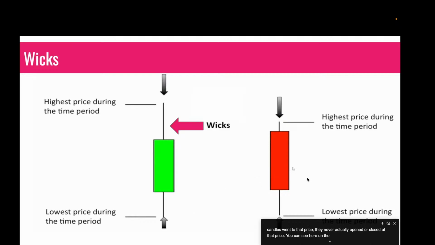You can see here on the bearish candle, this is another example with some smaller wicks. This is the highest point that price reached during that time period, and then the lowest point. But once again, price opened here at the actual body formation of the candle and then closed down here at the bottom of the body formation.